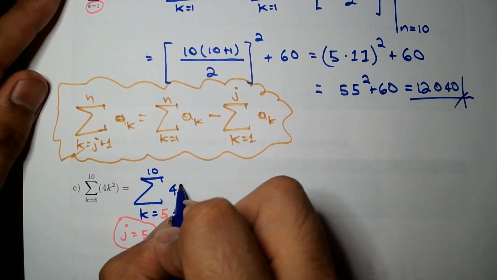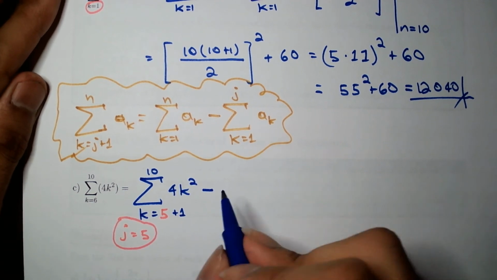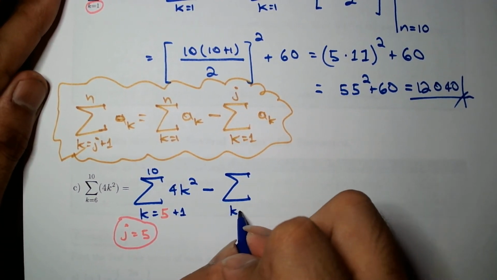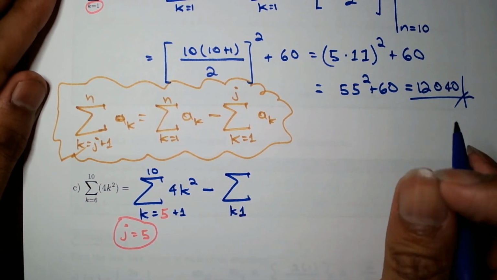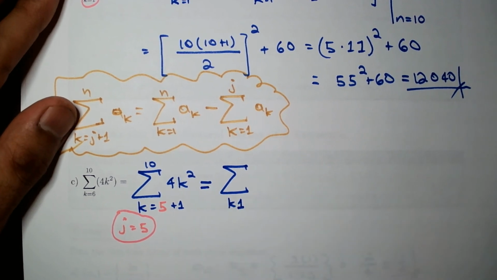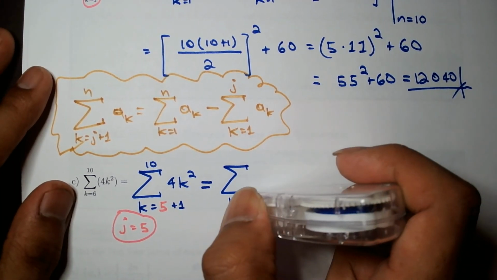So that's the sum of 4k squared. And then we are going to subtract, oh wait a minute, not subtracting yet.